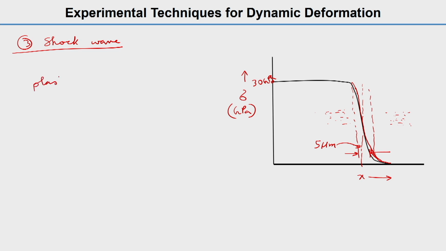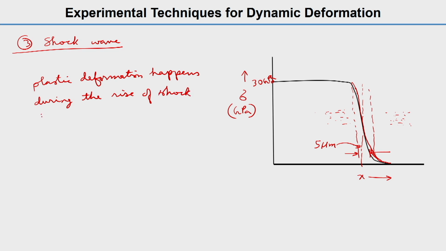Plastic deformation happens during the rise of the shock wave, and as you know the width of that rise zone is very small, we can assume it to be 5 micrometer, and this rise time of the shock wave and the reduction of volume will determine the strain rate.